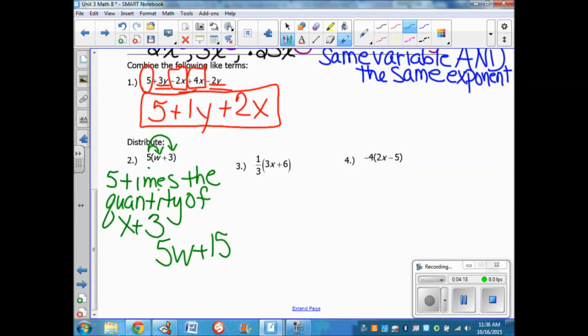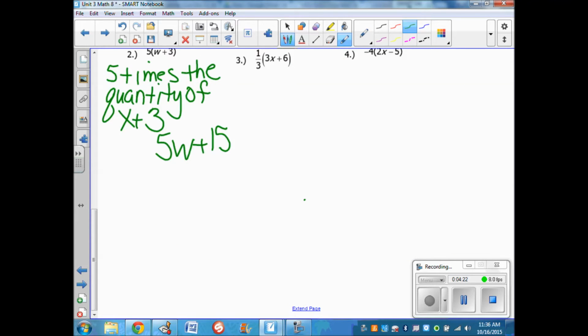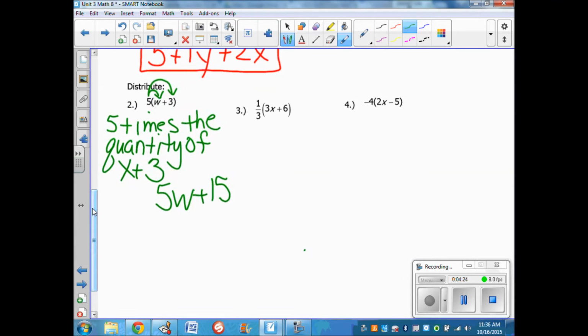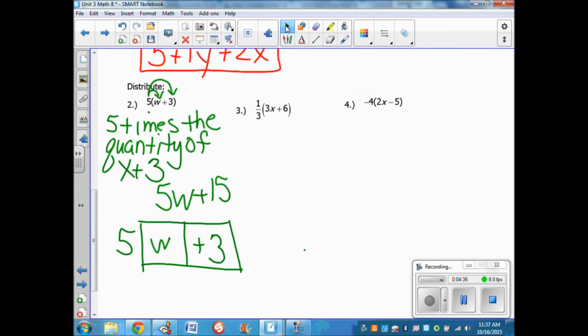I can show you a visual of the distributive property as well. I'm going to draw a rectangle, and I put my 5 outside and my w plus 3 inside. Just to give you a little visual on this, I'm trying to move these out of the way so I've got a little more space.